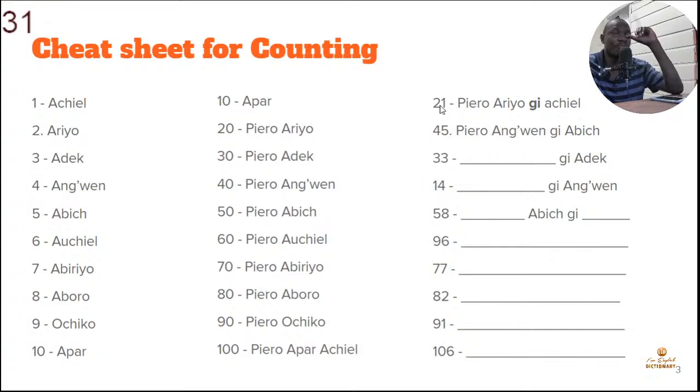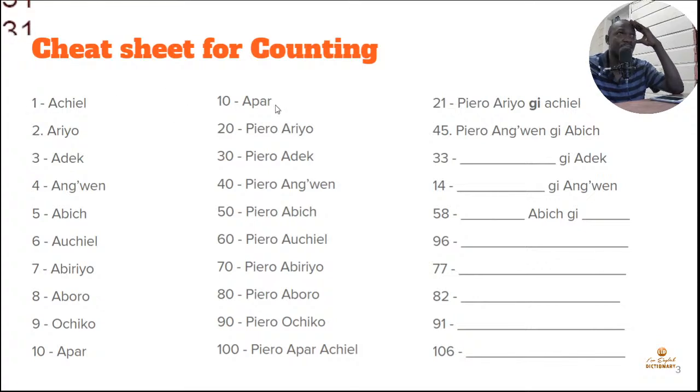You want to see how the numbers in between work. For example, 21 is piero, ariyo, gi, achiel. Piero, ariyo is 20, and achiel is 1. So 21 is 20, which is piero, ariyo, and 1, which is achiel.